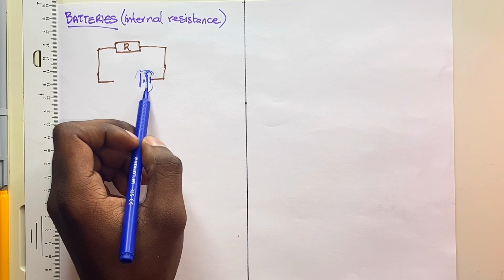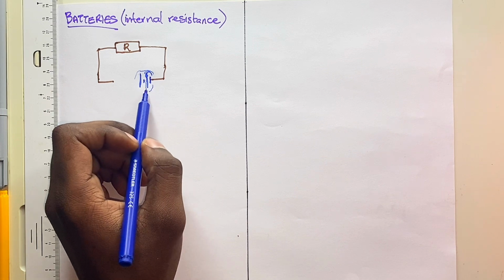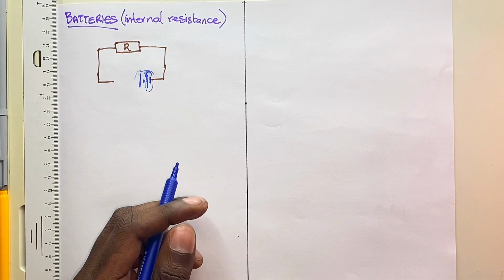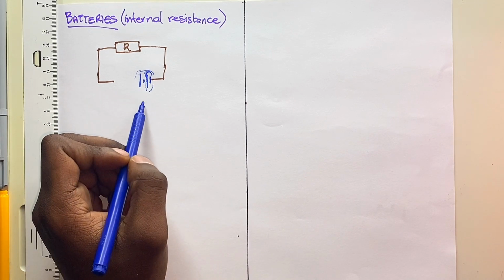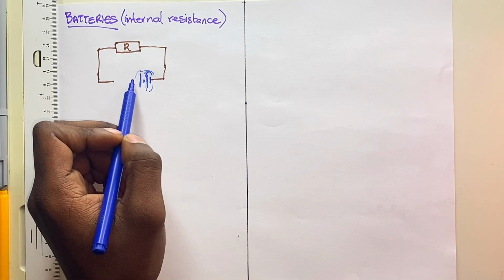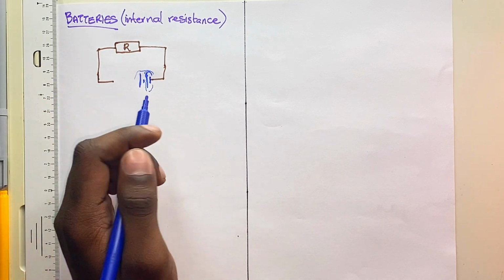It will have a positive and a negative terminal. I use either the short or the long line here to show which one is the positive and which one is the negative. When a battery is connected in a circuit, it will generate electrical current as electrons flow from the anode to the cathode.